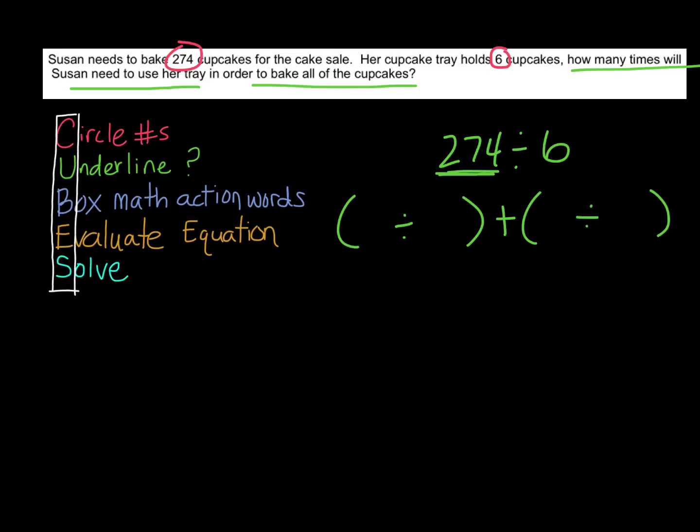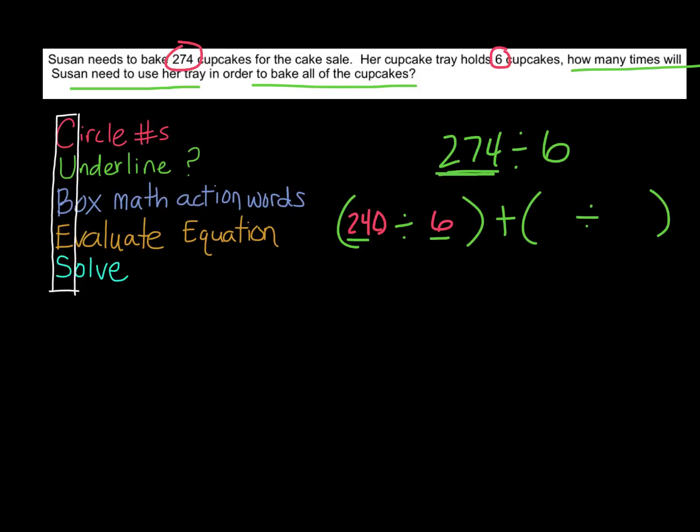Okay, so I'm just going to take off 240, because of the basic fact 24 divided by 6, I'll get at least one answer that doesn't have a remainder.